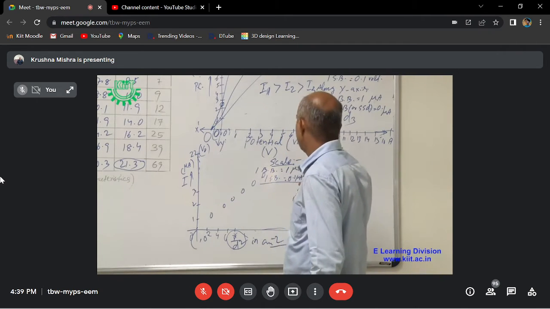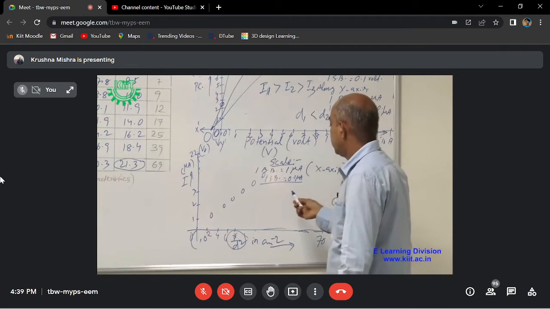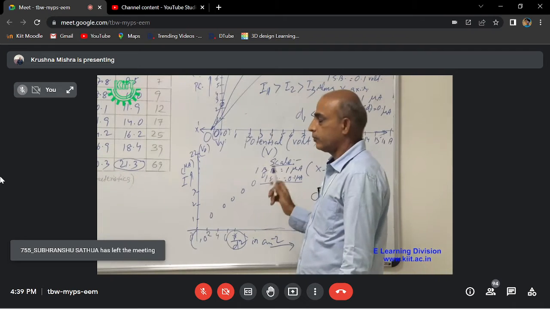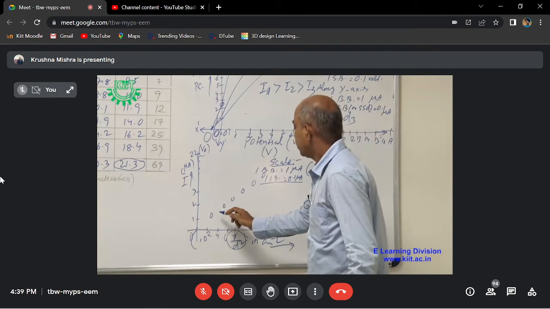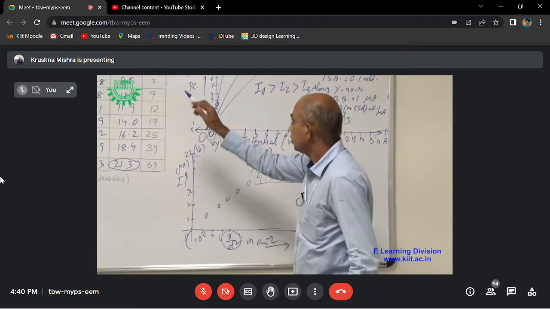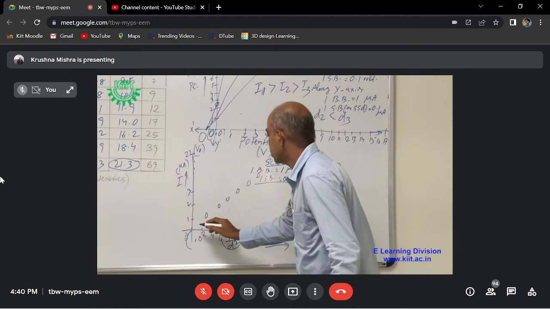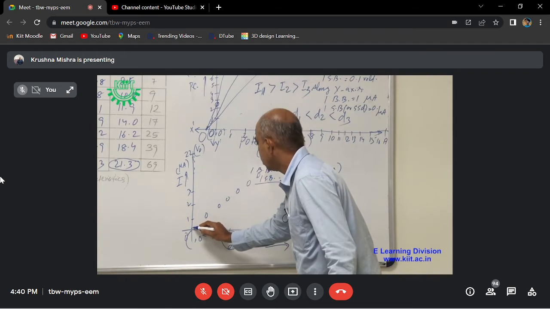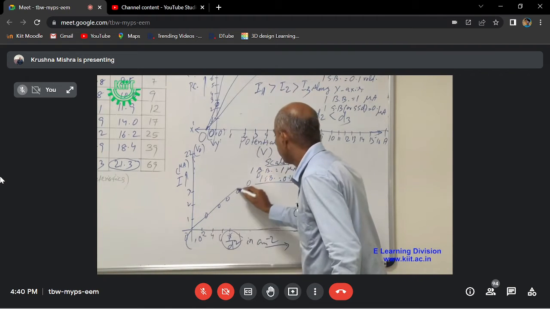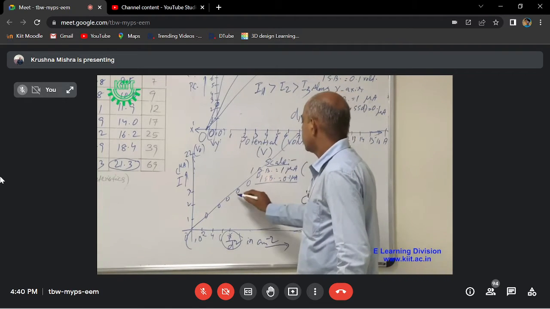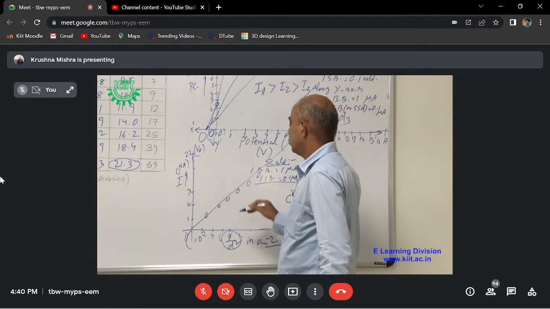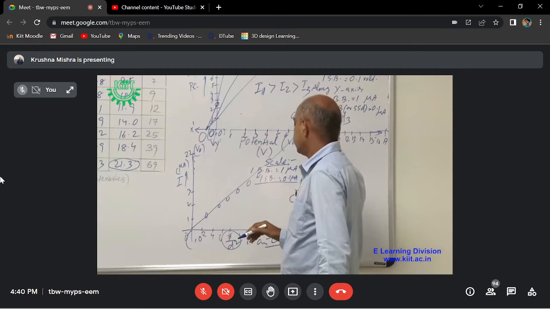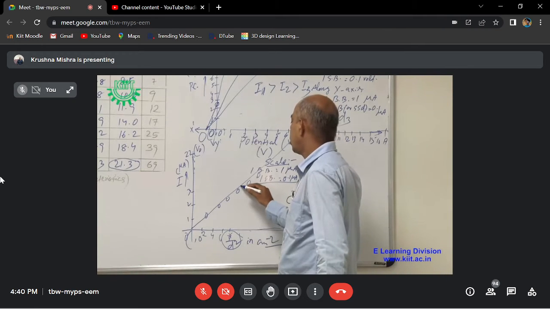Photocurrent is directly proportional to the intensity of light. So we will plot a graph like this for a particular set of observations. Then we will draw a line taking all the points. Few points may deviate from the line and some points may come on the line.